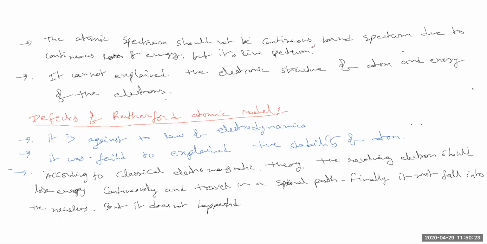Both the atomic spectrum and band spectrum should not be continuous due to continuous loss of energy. But finally, it shows the line spectrum only. That is also a discontinuous spectrum, not a continuous spectrum.